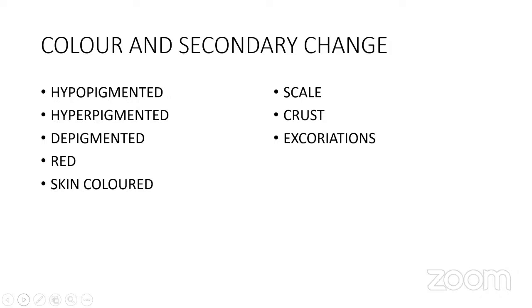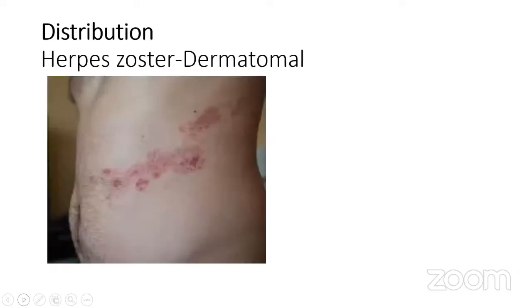It depends on the content, which could be blood, serum, or pus, so there are yellow and red crusts. And excoriation is seen in insect bites: papules which, after itching and scratching, become excoriated, mostly seen in scabies and insect bites.